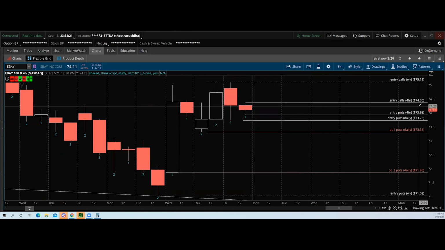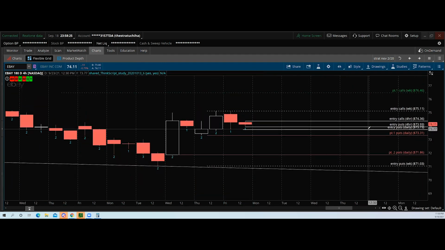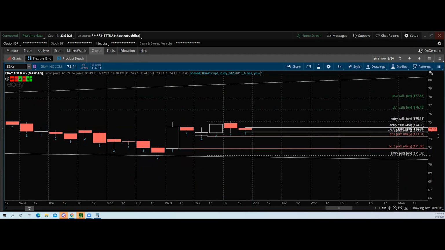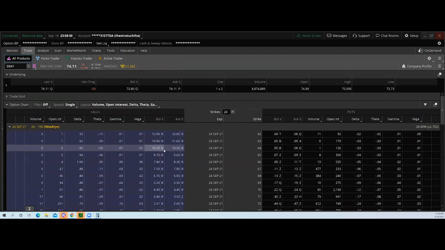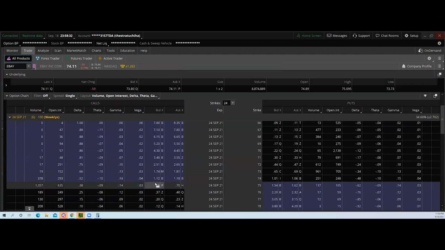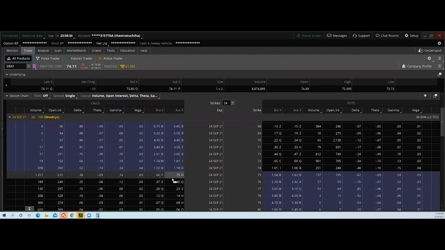All right. So that's what we got for eBay. For eBay, I would say probably you can really go like the 75 calls, literally. I would just say go with the 75. All right. A lot of people like fives and zeros. So I'll go with the 75, the most volume of open interest right there.